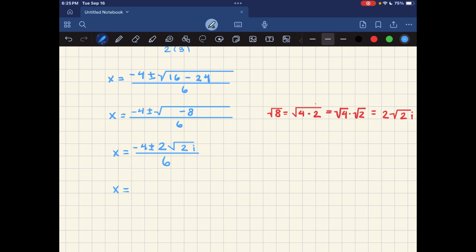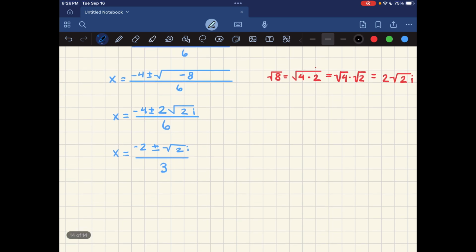So negative 4 divided by 2 is negative 2, plus minus the square root of 2 i, over 3. And there's our answer.